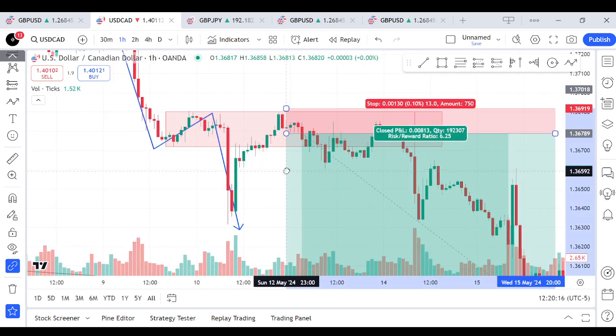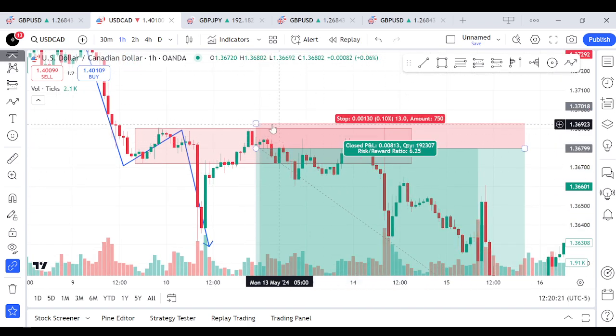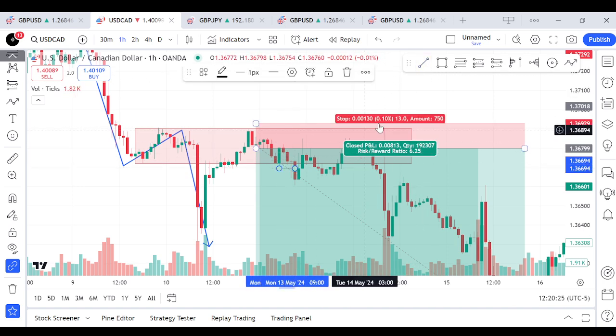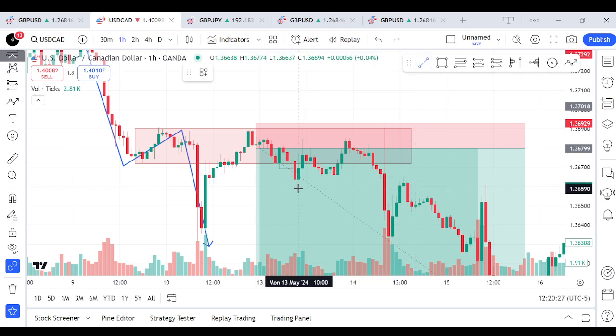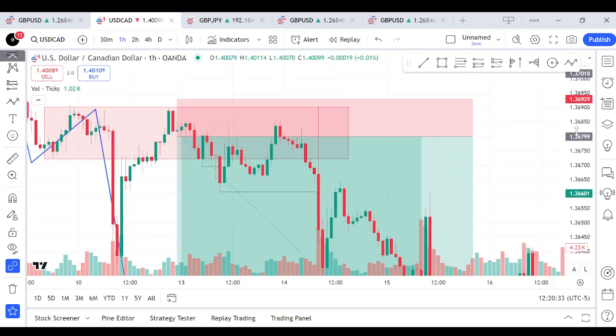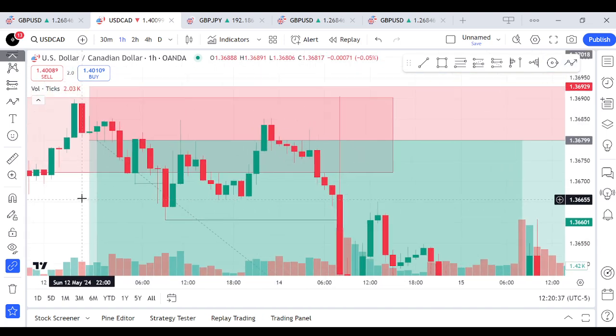Like you can see price giving us this bearish order flow showing us that yes, we might be looking to push to the downside. Price just giving us a break of structure to the downside. And you can see this shooting star candle right here, or the inverted hammer.